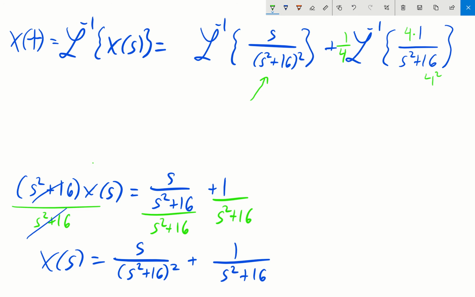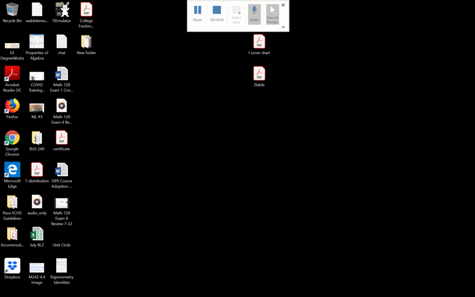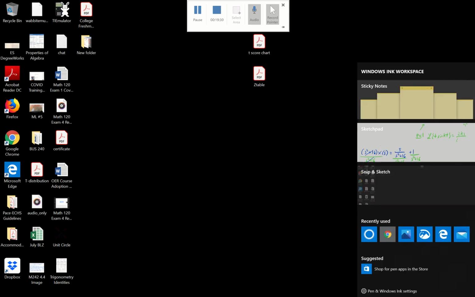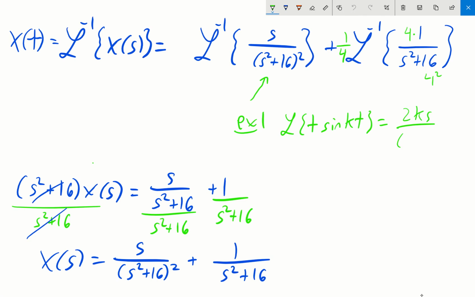In example 1, that we just did a little bit ago, we found that the Laplace transform of t times the sine of kt was equal to 2ks divided by s squared plus k squared, squared.